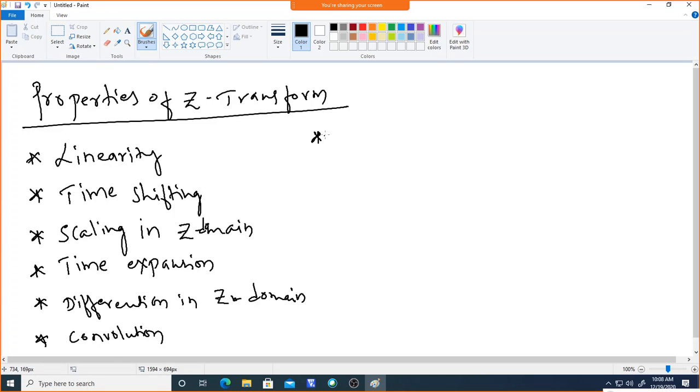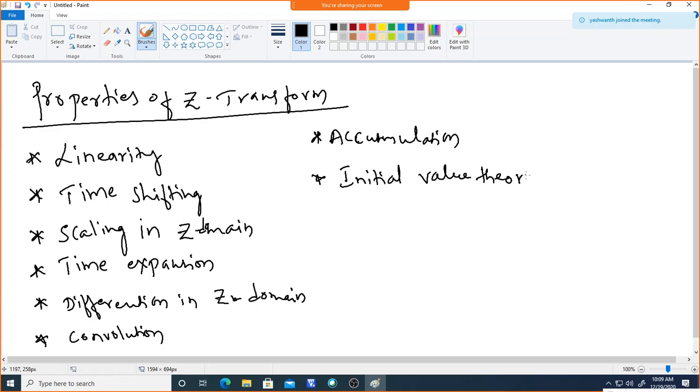Another property is called accumulation. Okay, accumulation. And one more important property is called initial value theorem. Okay, initial value theorem and final value theorem.